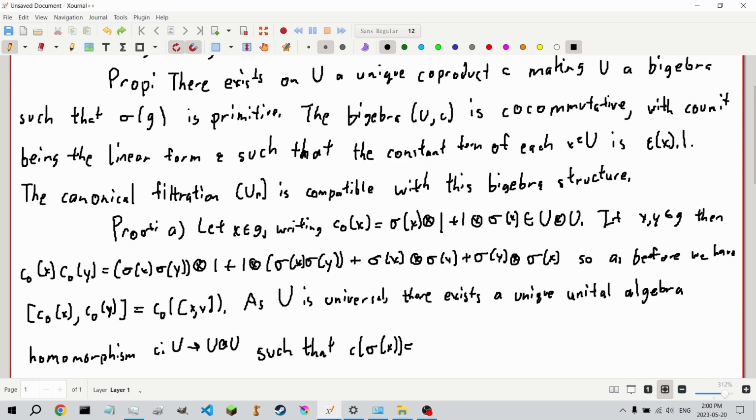That should be equals, it looks kind of like the inclusion symbol. Sigma x tensor 1 plus 1 tensor sigma x. Which is, as you see from above, our C0 of x.